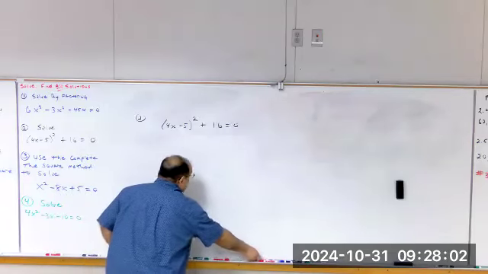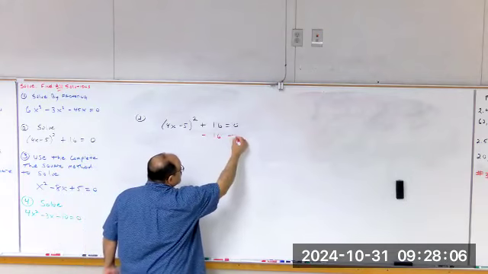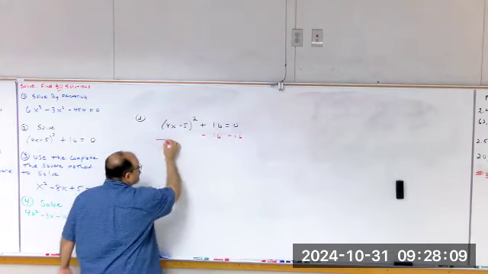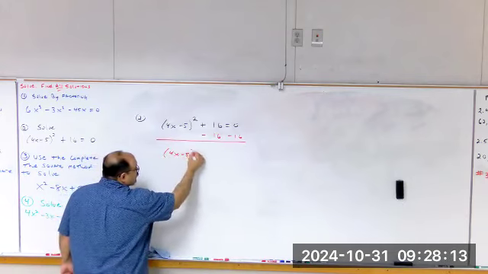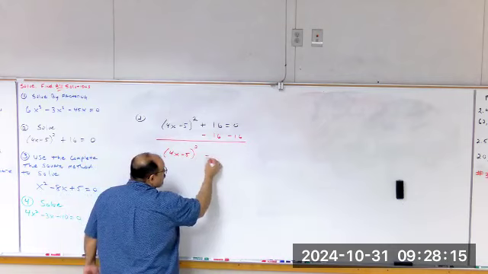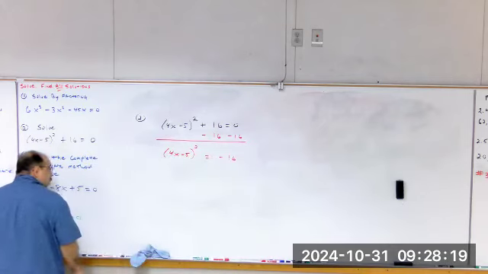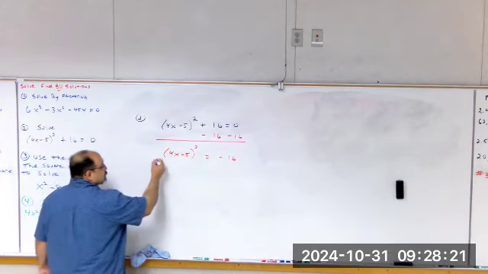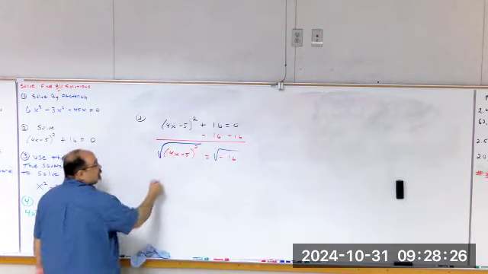We isolate the constant. Subtract 16 from both sides. Parentheses, 4x minus 5, this is a perfect square equal to negative 16. You take the square root of both sides. Don't forget your plus and minus. Keep saying it.